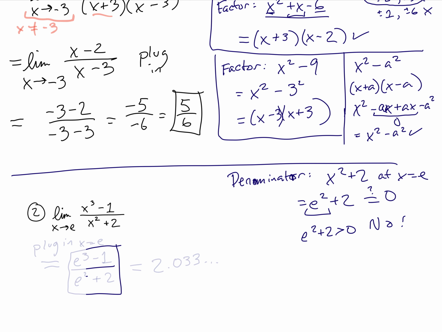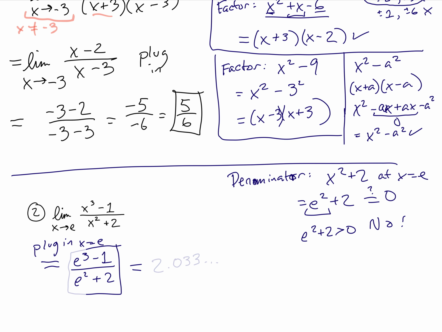We know that if we've got the limit of a rational function, a polynomial divided by a polynomial, and the denominator is not equal to 0 for some open interval containing our point c, then we can just simply plug in. We can just plug in x equals e, and so we're going to have e cubed minus 1 divided by e squared plus 2.